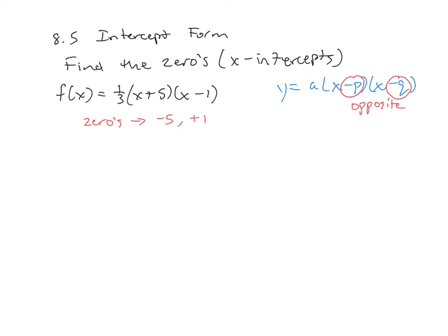Okay, so the harder part is going to come in that they're not all set up like that. So we're going to have to factor. So take out what's in common.